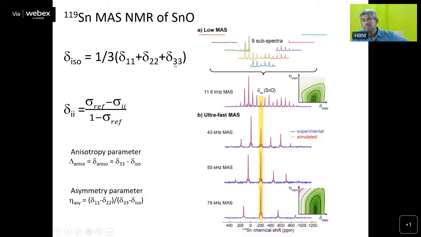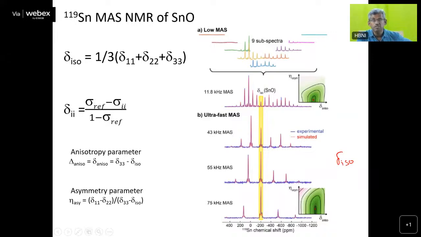I am just refreshing your memory. Sometimes we write delta 11, or sigma 11, sigma 22; either can be used. Delta 11, delta 22, delta 33 are the components of the chemical shift anisotropy. A few classes back, I showed how you get delta 11, delta 22, or sigma 11, sigma 22, etc. This is one parameter to keep in mind: delta iso, a very, very important parameter.